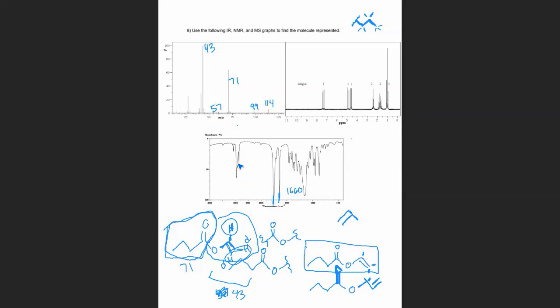Now with the 57, I think that's just splitting it on the other alpha carbon.